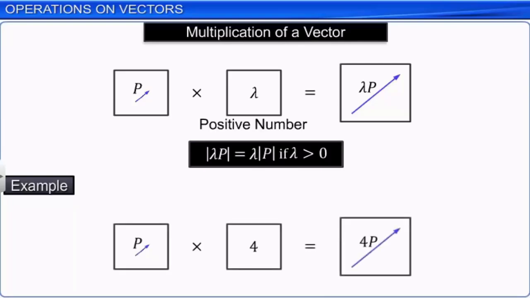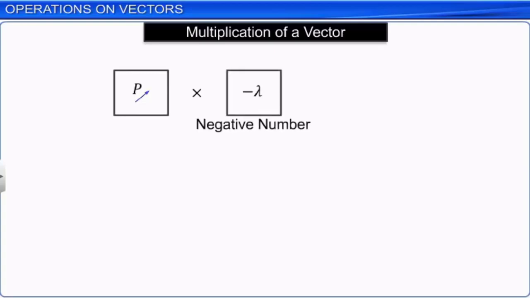On the other hand, when you multiply a vector p with a negative number lambda, you get vector minus lambda p, whose direction is opposite to the direction of p, and its magnitude is minus lambda times that of mod p.